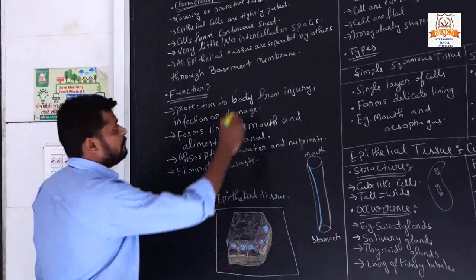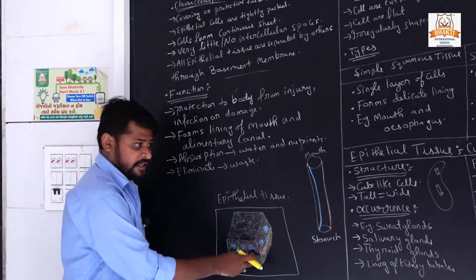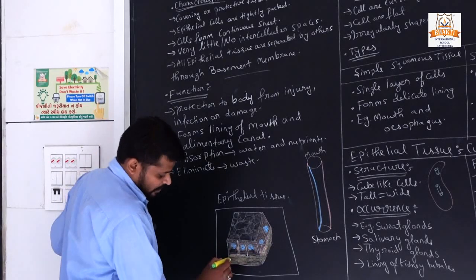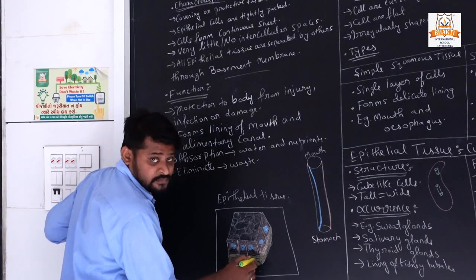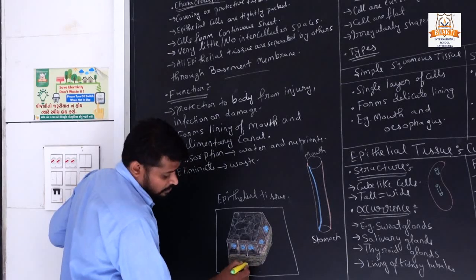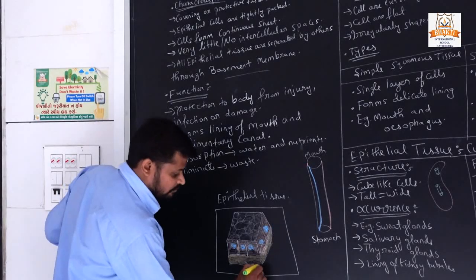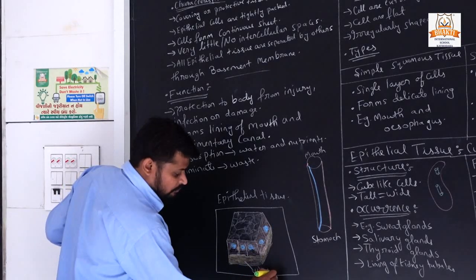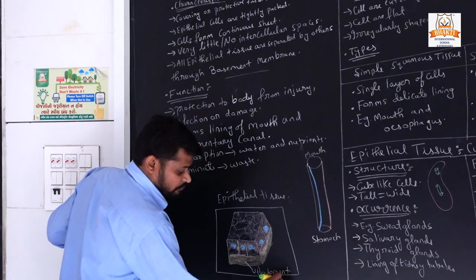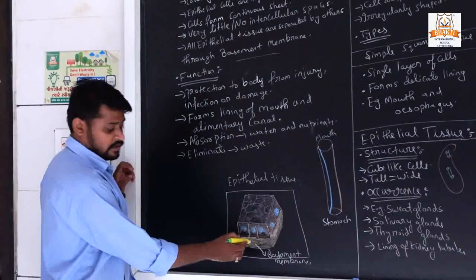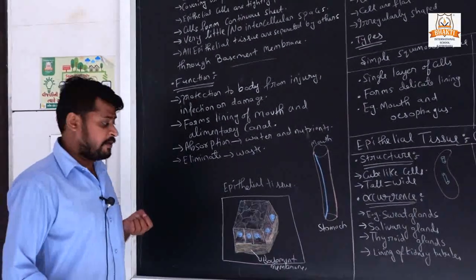What is the basement membrane? You will see here in the diagram, these are the epithelial tissue and the brown region is called the basement membrane. What is the function of the basement membrane?